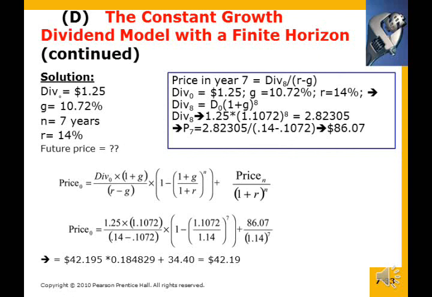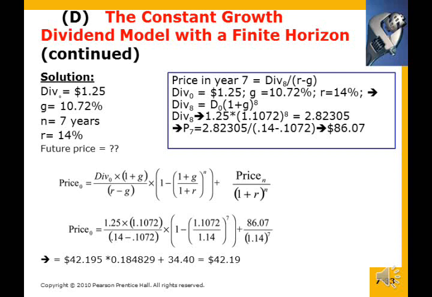The information from the problem are dividend note equal 1.25, growth rate 10.72, n equal 7, r equal 14%. The missing information or data is future price. How can I find future price?